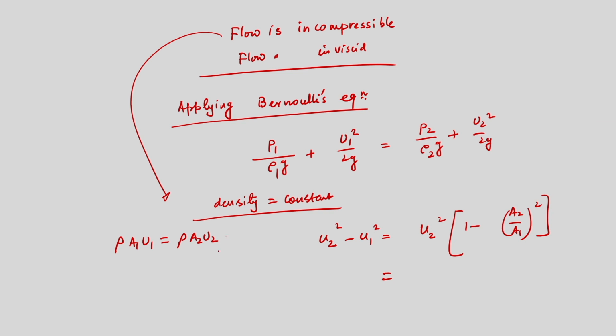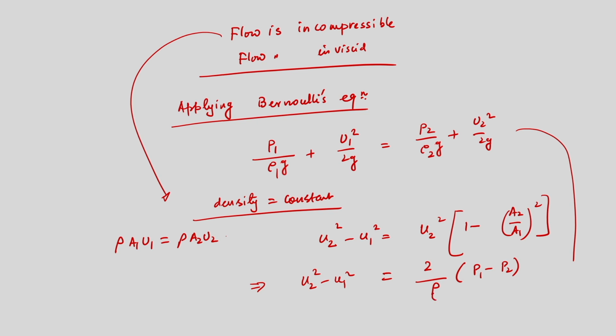From there, and from the Bernoulli equation, we can write U2 square minus U1 square is nothing but 2 by rho into (P1 minus P2). So, that is what we have obtained.